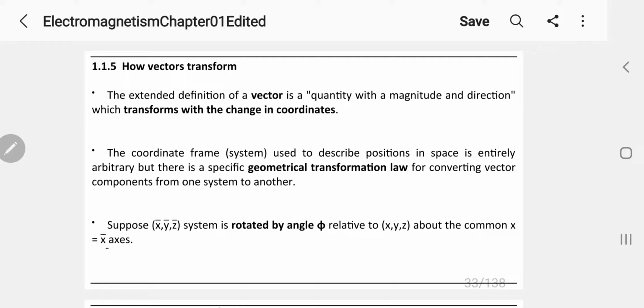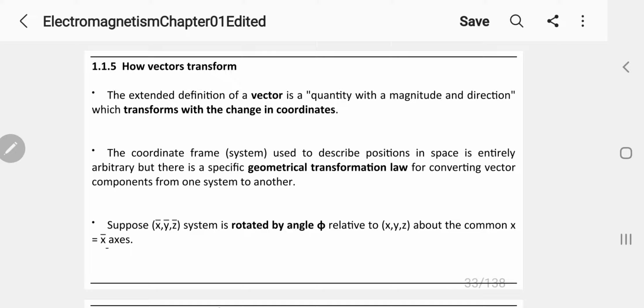A vector is a quantity, again, with magnitude and direction, but it also transforms with a change in the coordinate system. The coordinate system used to describe position in space is entirely arbitrary. It's not fixed.